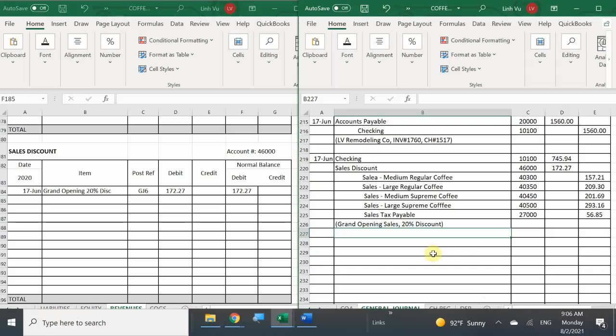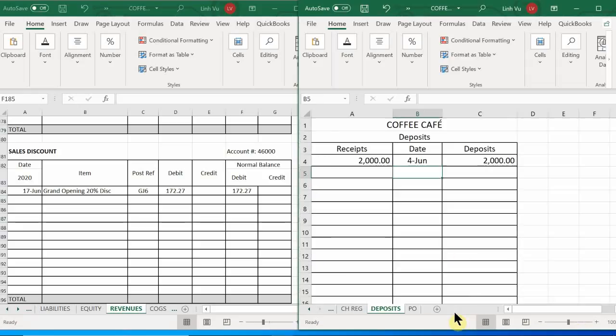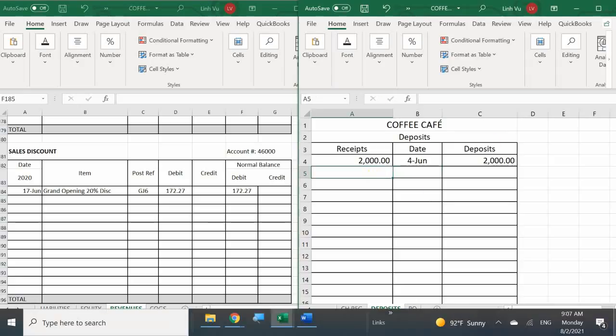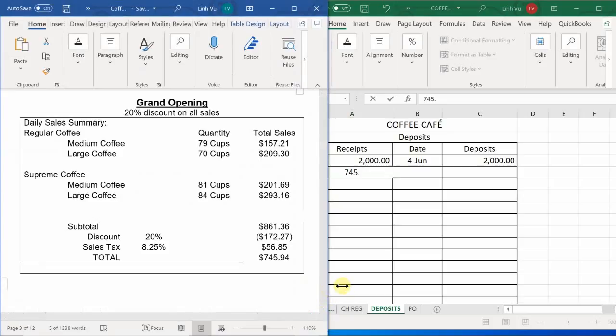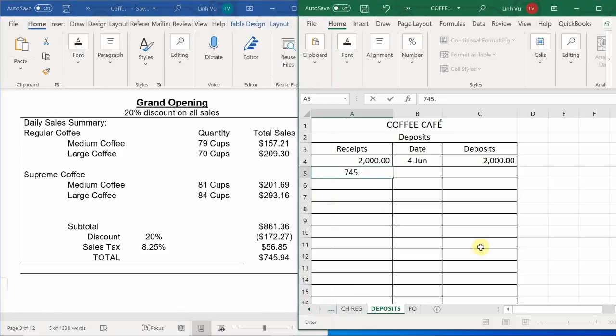So in this case, we received our first deposit of $745.94. Right? Today's date is going to be the 17th.